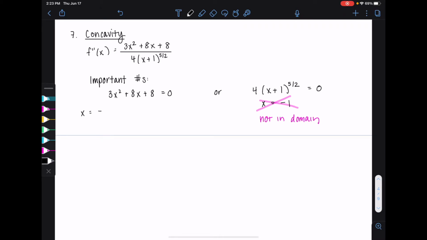So you get -b plus or minus the square root of b squared minus 4ac all over 2a. And so if you go through that process, this is going to be -8 plus or minus the square root of -32 over 6. And so there are no real numbers where the numerator equals 0. So these are imaginary numbers.